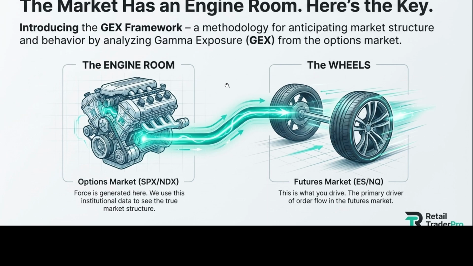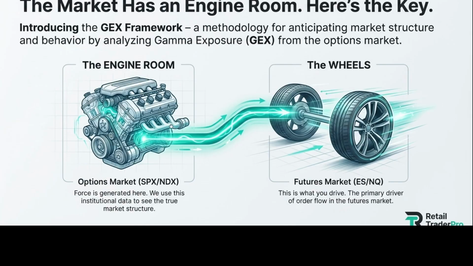But what happens? The auction market, in this case SPX and NDX, is the force that is generated here in the engine room. We use this institutional data to see the true market structure. And what next?